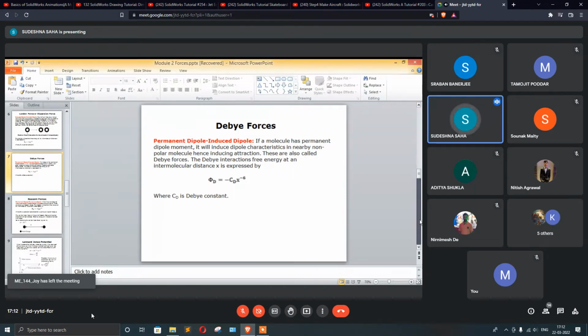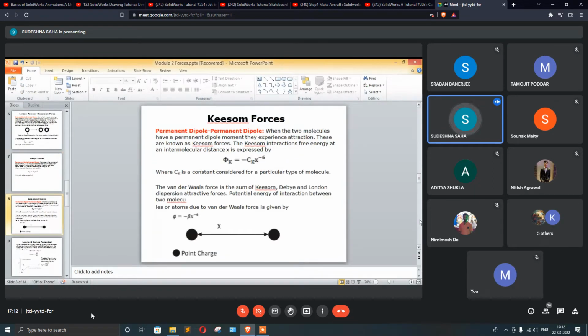Similarly, we have permanent dipole interaction, which is known as Keesom forces. When two molecules have a permanent dipole moment and they experience an attraction, that is known as Keesom forces. The Keesom interaction free energy at an intermolecular distance x is expressed by this equation: phi K equals minus C_K into x to the power minus 6.